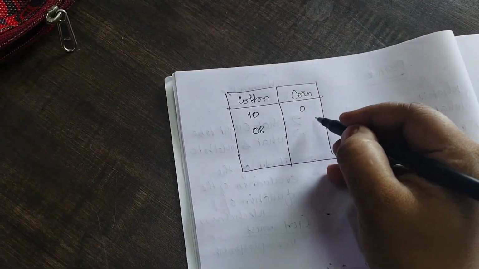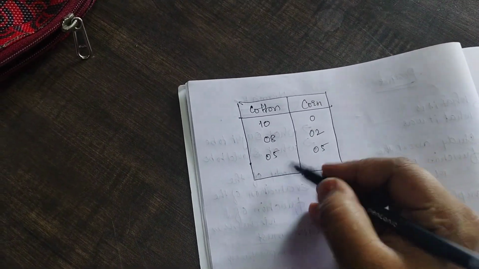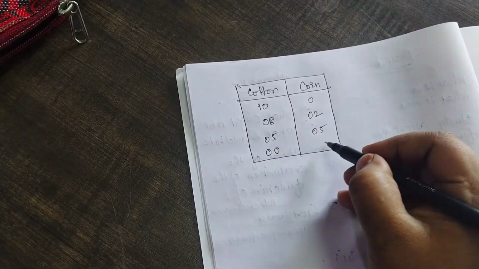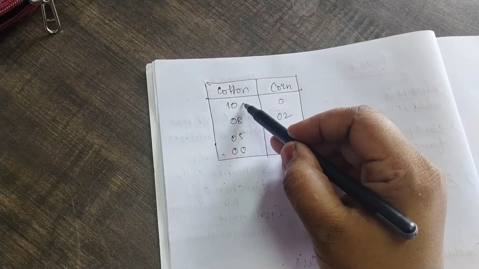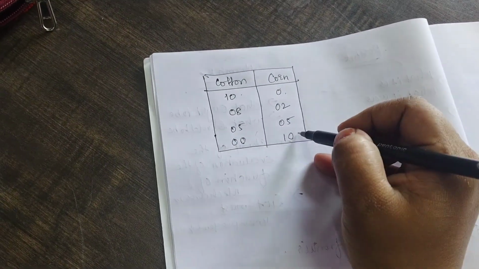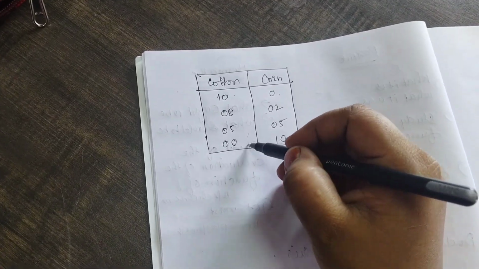The farmer may produce 8 of cotton and 2 of corn, or 5 of cotton and 5 of corn. And if there is no demand for cotton in the society, the producer will focus more on the production of corn. So this is how, in order to produce one thing to the maximum, the other has to be minimum or zero. The quantity has to be given up.